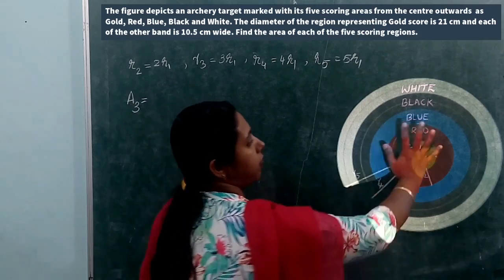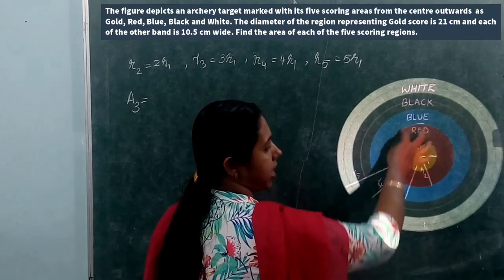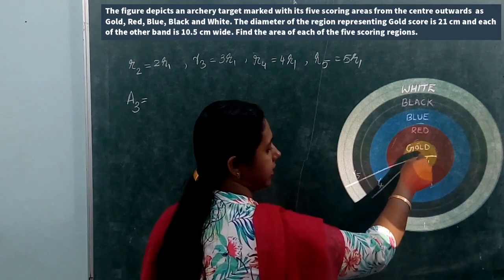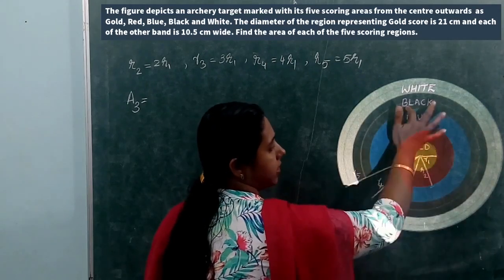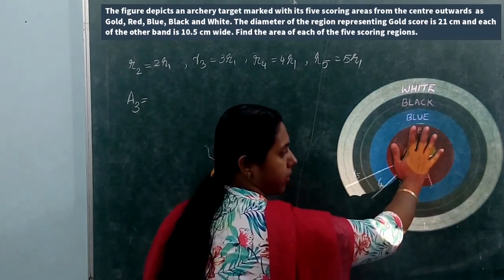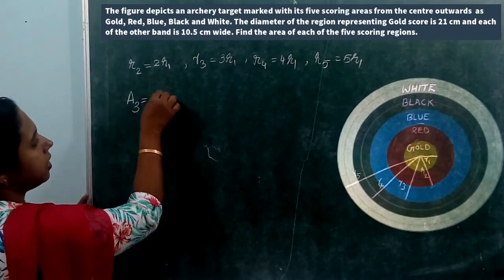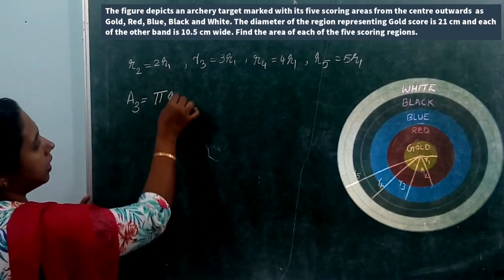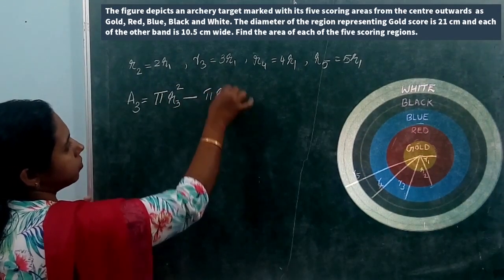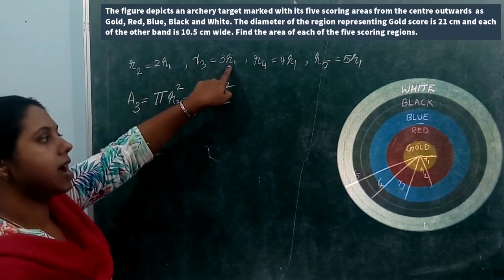We know that the area of this circle is pi R2 square. And this is the area of the big circle, that is radius is R3. So the area of the big circle is pi r3 square. So pi r3 square minus pi r2 square, you will get the blue region. We know that r3 is equal to 3r1.